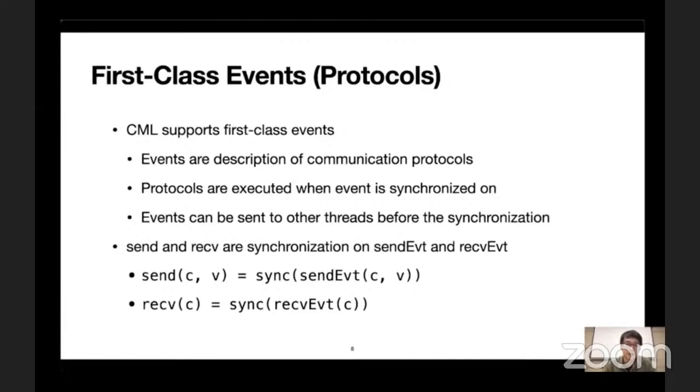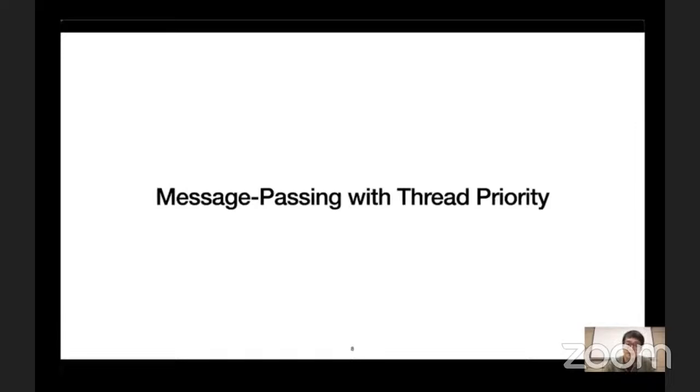So these are the first-class events. In CML, let's consider adding a priority to this message passing. We start with the traditional approach, which is to associate priority levels with a thread.